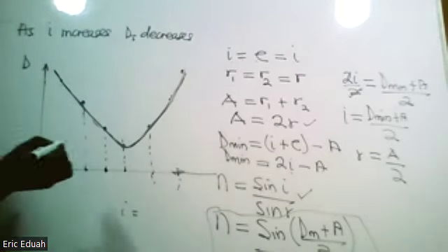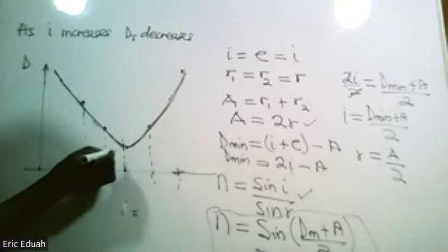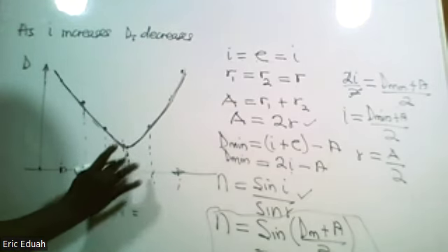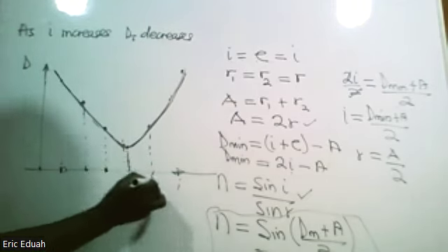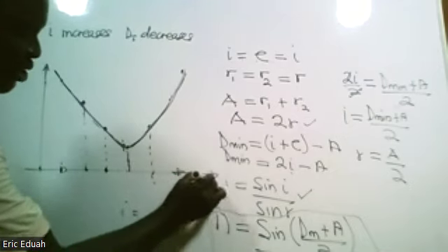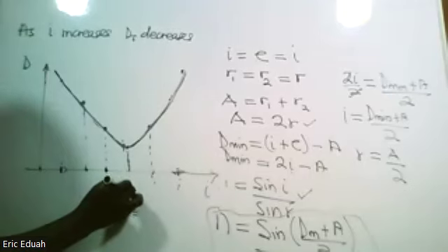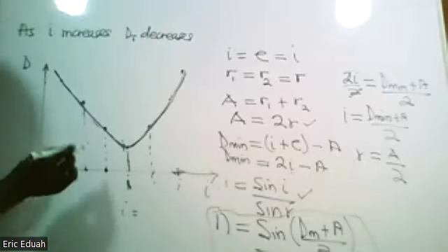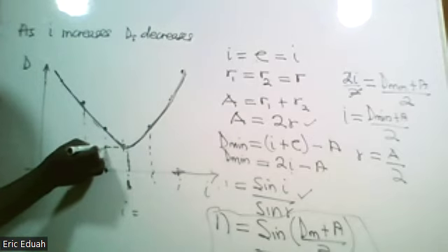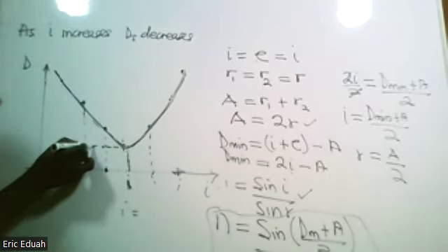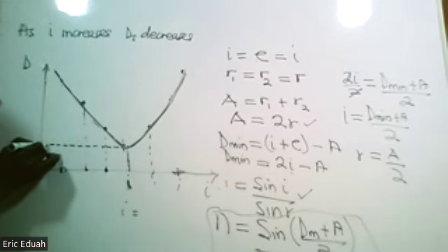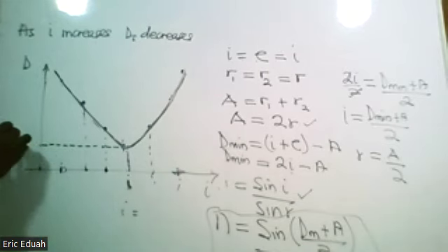And this point, when you trace it to the horizontal, don't forget the horizontal is i, the angle of incidence, gives you that particular angle of incidence which gives us the minimum deviation. So the vertical must correspond to the minimum.